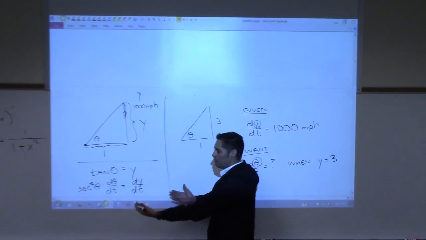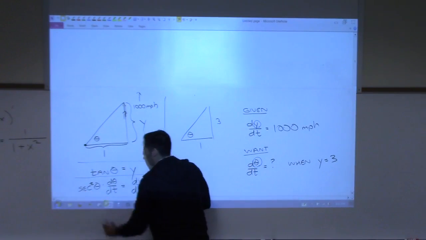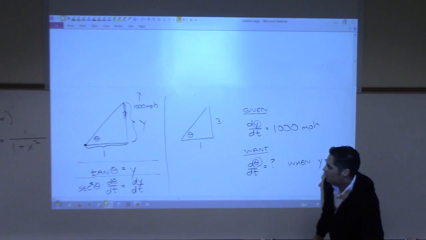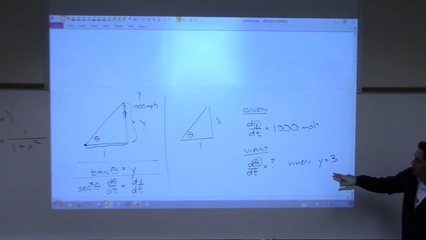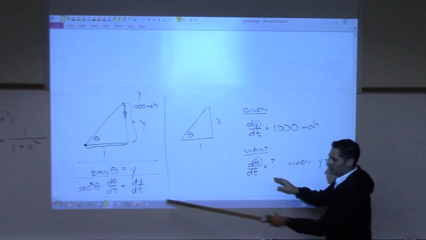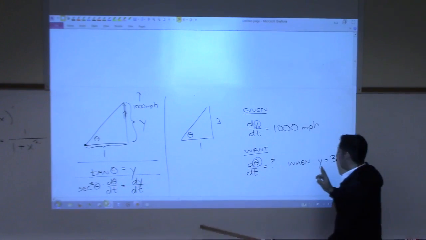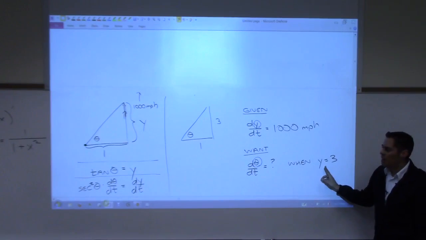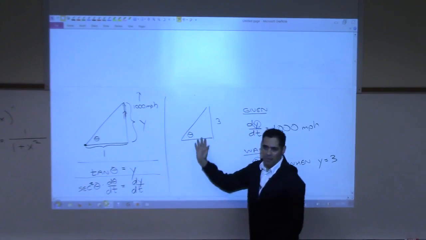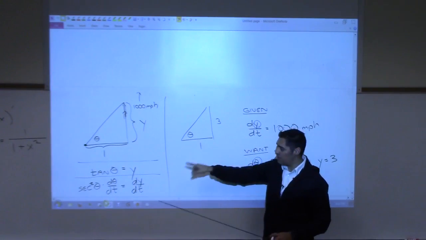So I'm taking the derivative with respect to t on both sides. Here's the problem. What do I know? I know dy dt, and I want d theta dt. But I also know y is 3. I don't know what theta is, do I? Now I could get theta from this, so I could still solve this.